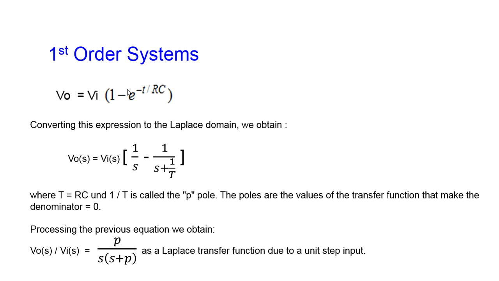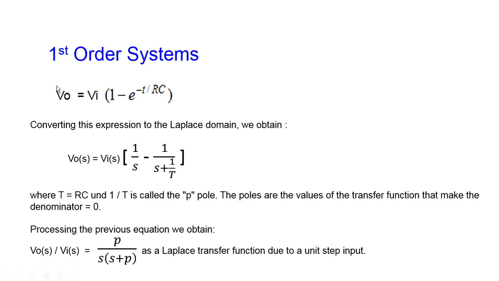Mathematically, it is simpler to analyze and treat this control system not in the time domain but in the so-called Laplace domain, where the time variable is substituted by the so-called Laplace variable s, which is equal to j omega, j being the square root of -1, the imaginary number, and omega the angular frequency.